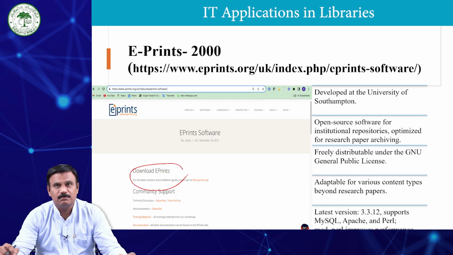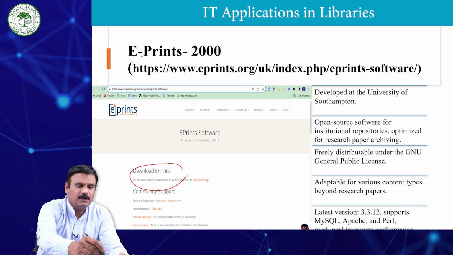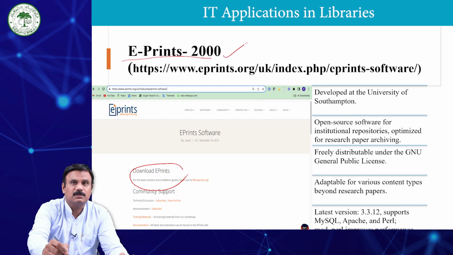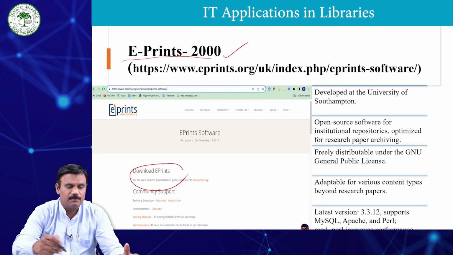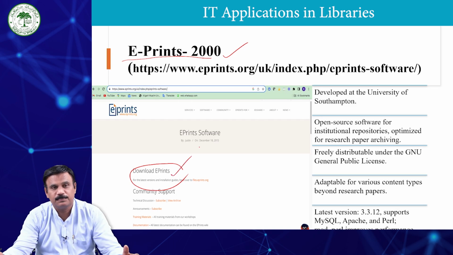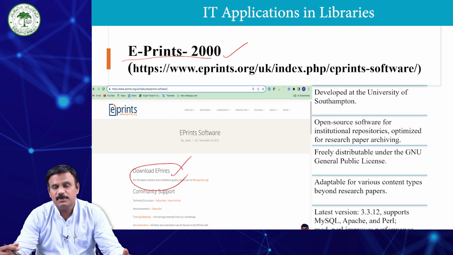The next digital library management software is EPrints. EPrints was developed in the year 2000 and can be downloaded from this homepage. It has been developed by the University of Southampton and is open source software for institutional repositories.